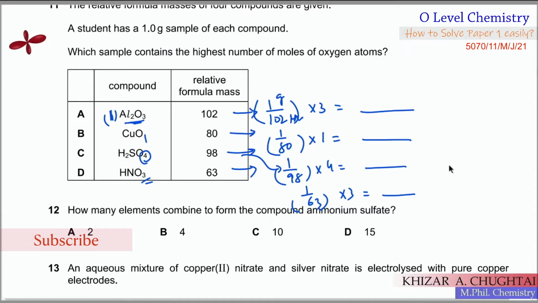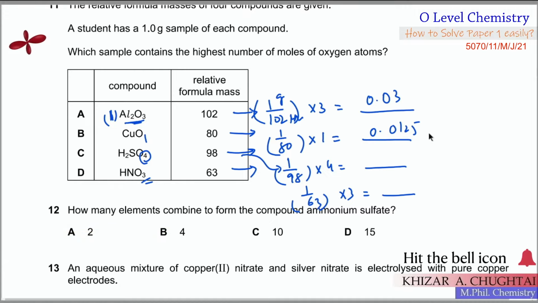Answer is 0.029. The next one, 1 divided by 80, the answer is 0.0125. The next one is 1 divided by 98 multiplied by 4.